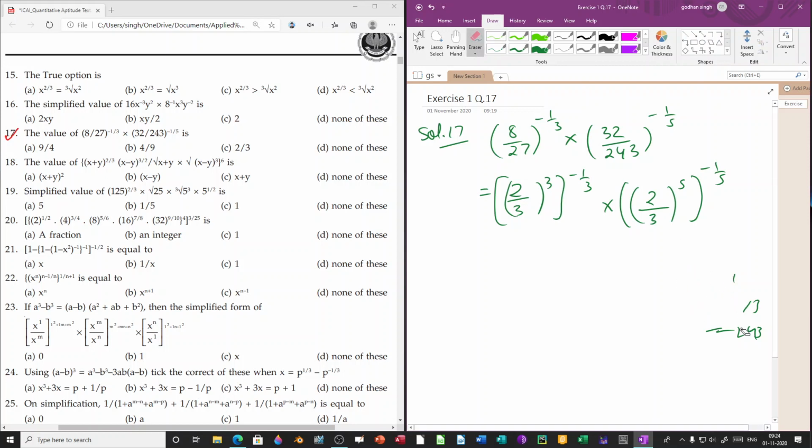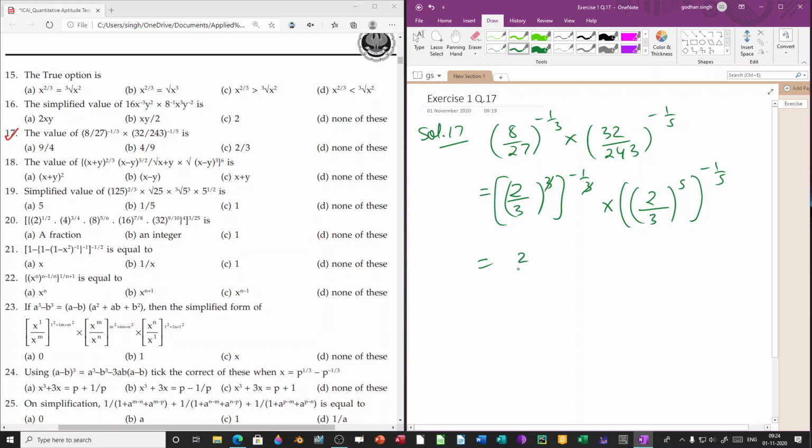Now we know that (a raised to m) raised to n equals a raised to mn. Applying this formula, the 3 and this 3 will be cancelled out.